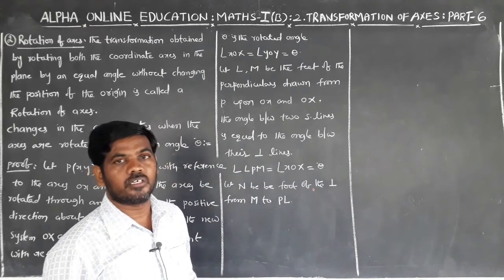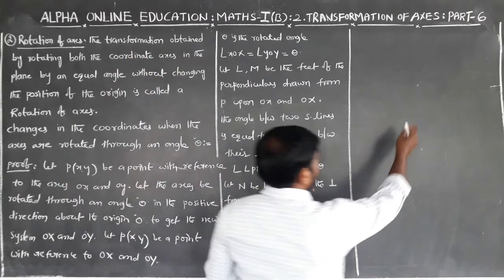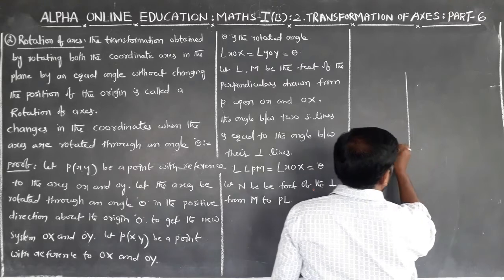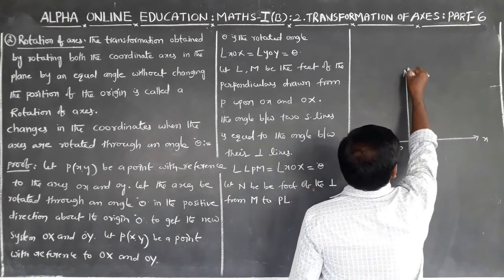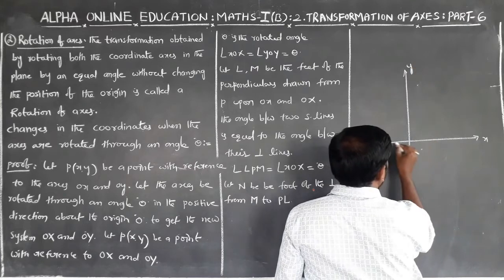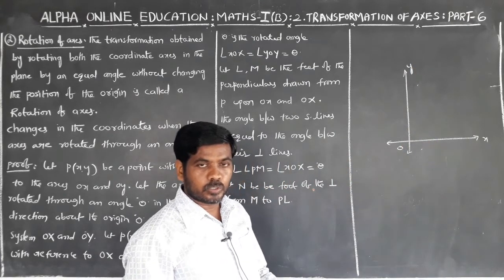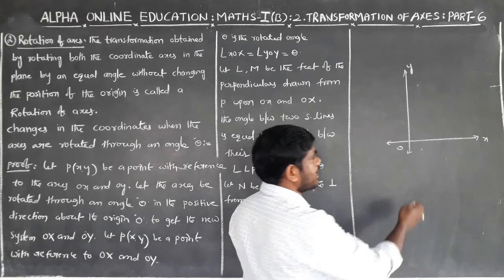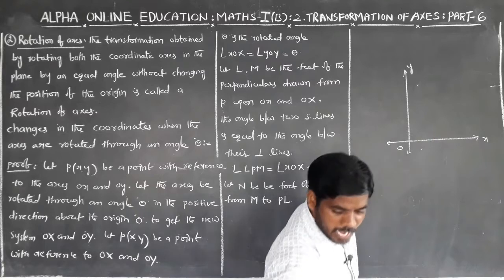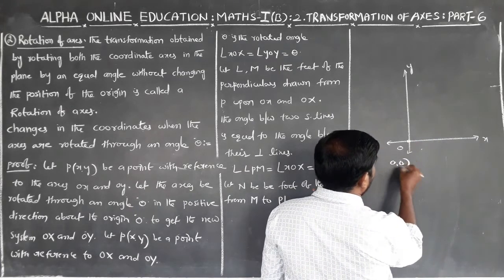Here, this is the old system, O small x, O small y, the coordinate axes. Both coordinate axes are rotated through an equal angle without changing the position of the origin.